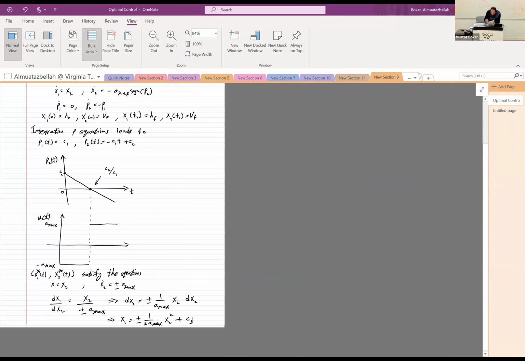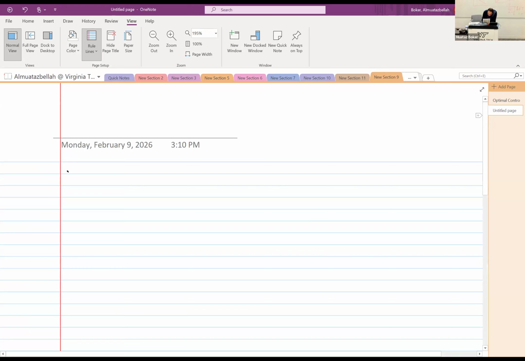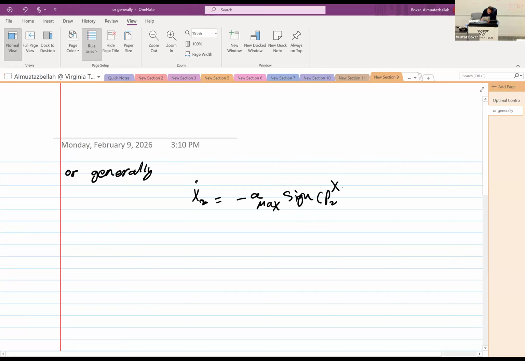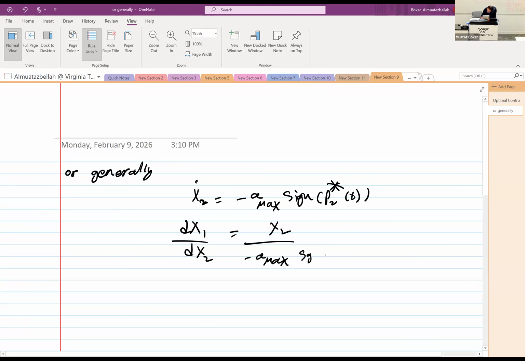So I can do the same now in the general sense. I'm going to write it very quickly. Let x2 dot is equal to minus A max sine P2 star of t. If you divide dx1 over dx2, that would be equal to x2 over minus A max sine P2 star.